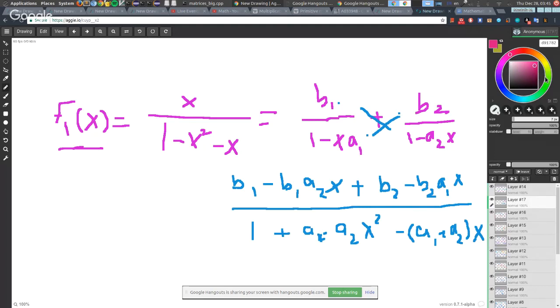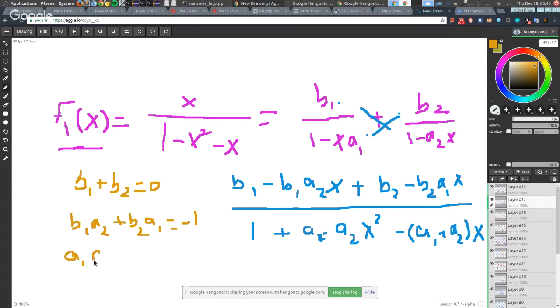So here we can try to solve this. We have b1 plus b2 equal to 0. And b1 a2 plus b2 a1 equal to minus 1.